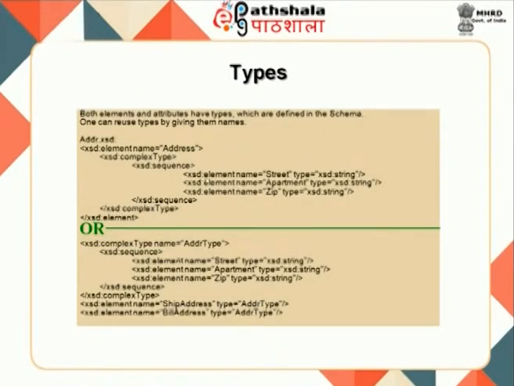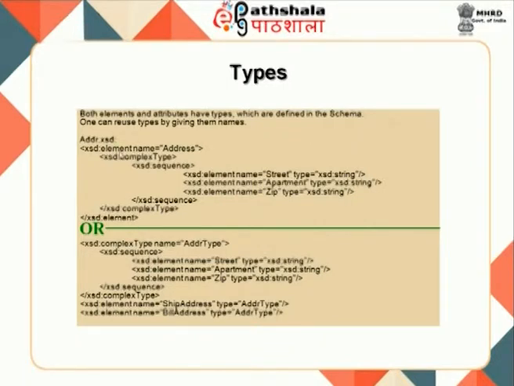Now we can see an example of types, and how to reuse them. Here you create an element address, you say that it is a complex type, and it has street, apartment and zip code. Now you create another called address type, which has street, apartment, zip, but here you have defined address as an element, whereas here you have defined this as a type.